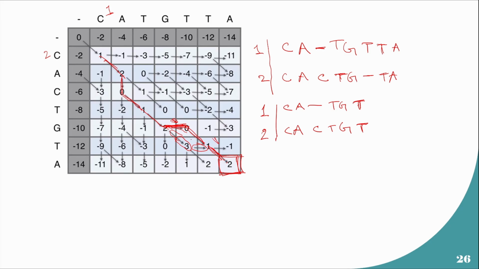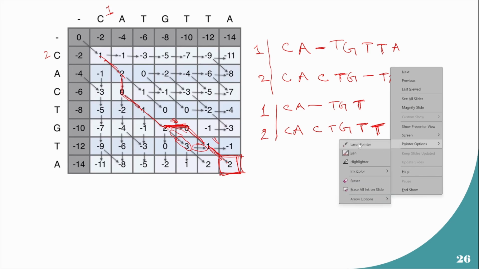And in this gap, we see sequence 1 is moving forward one time. However, sequence 2 is staying at the same place. So here we can consider this T being present here. That was sequence 1. So just erase it.